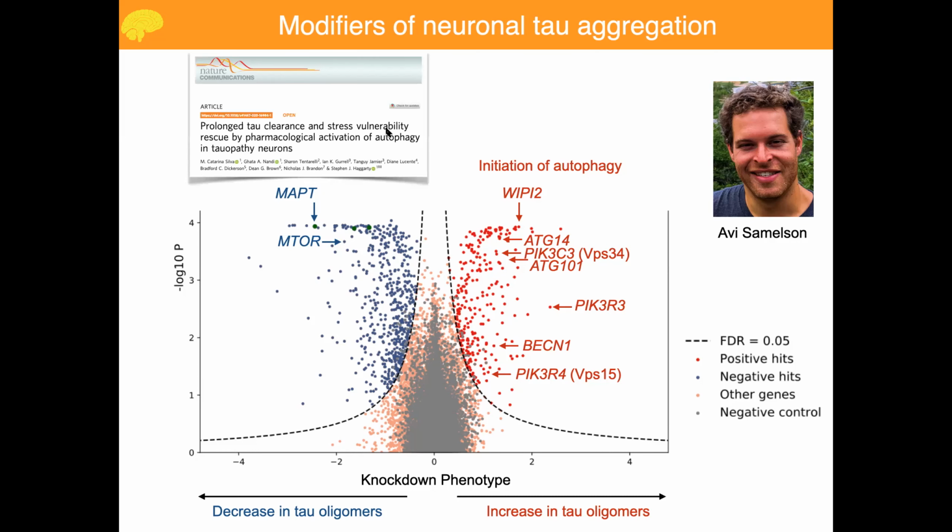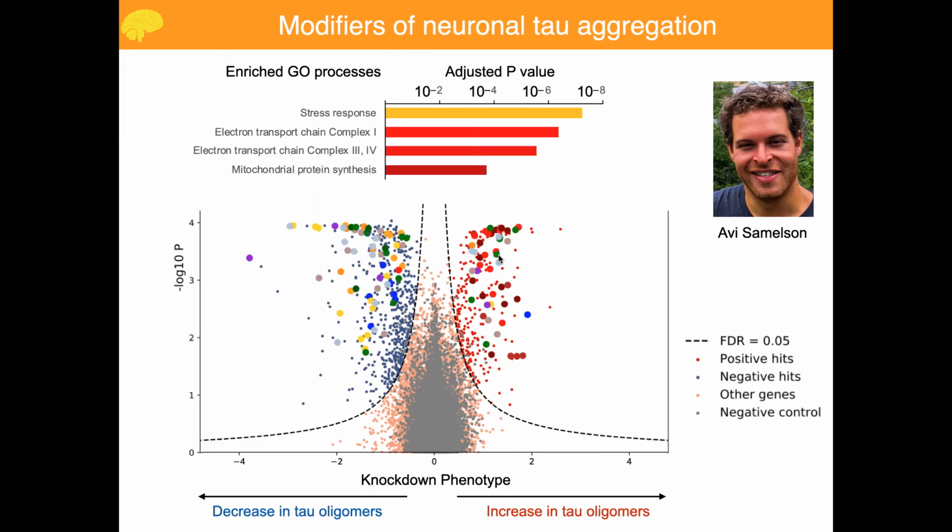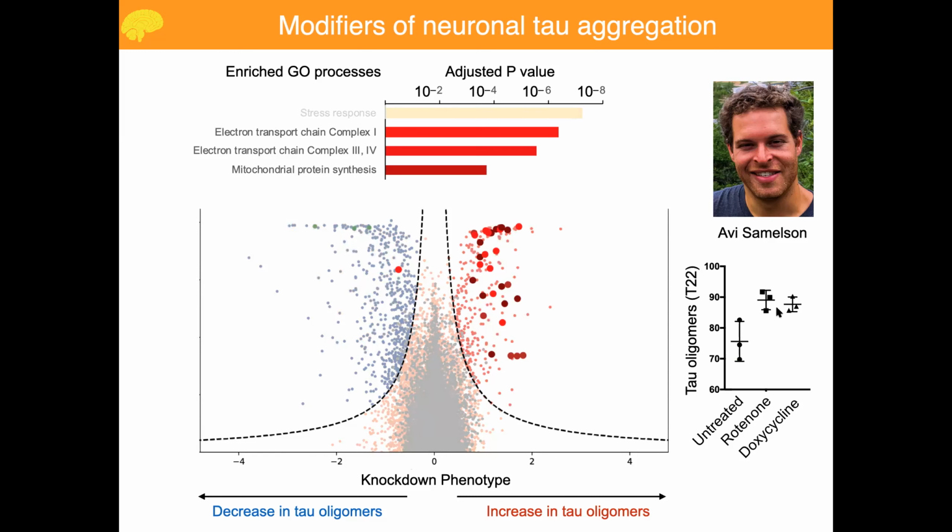And in fact, small molecule screens have found also that mTOR inhibitors that induce autophagy reduce tau aggregates in neuronal models. Looking in an unbiased way at what types of hits we get, a lot of hits are associated with stress response, and then a lot of genes in the mitochondria, electron transport chain, and protein synthesis, and almost all of them increase tau aggregation when knocked down, and we can phenocopy this with compounds that inhibit the same genes.